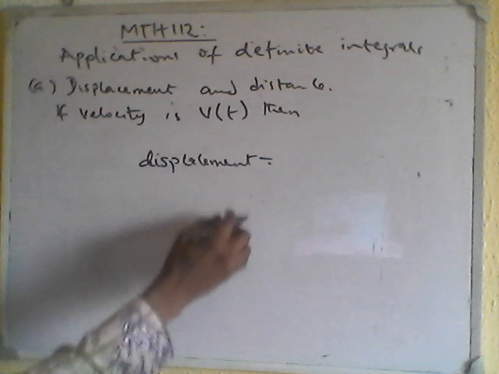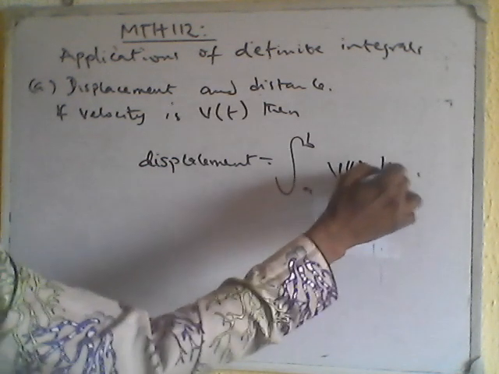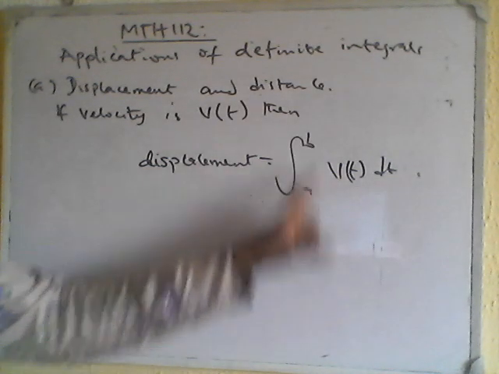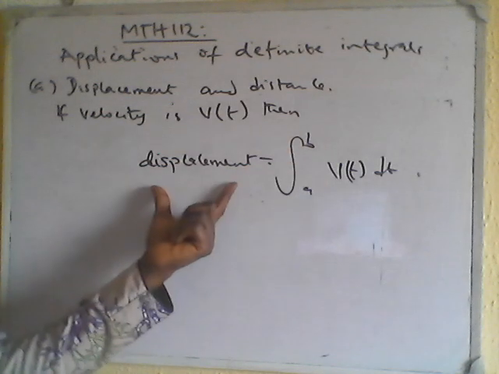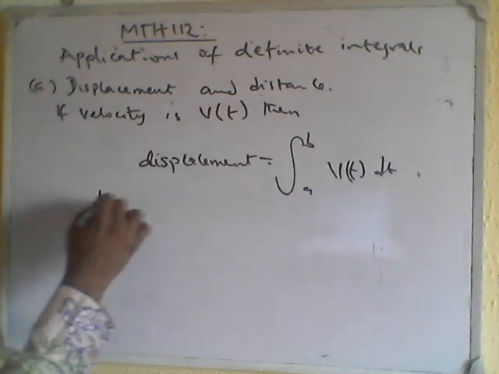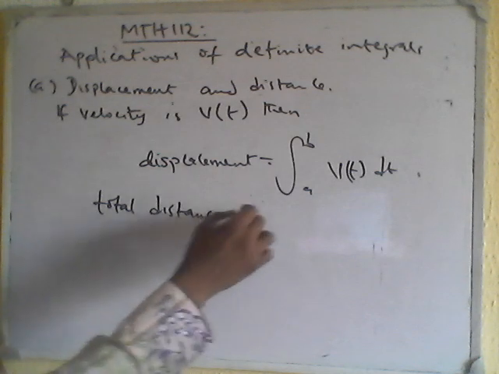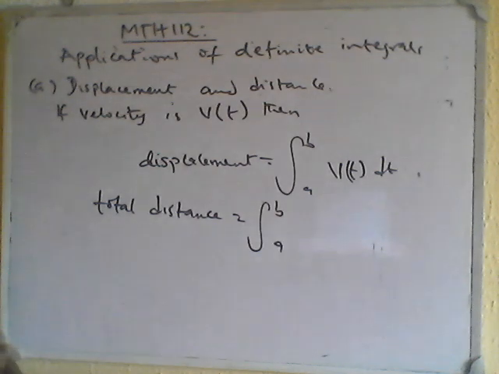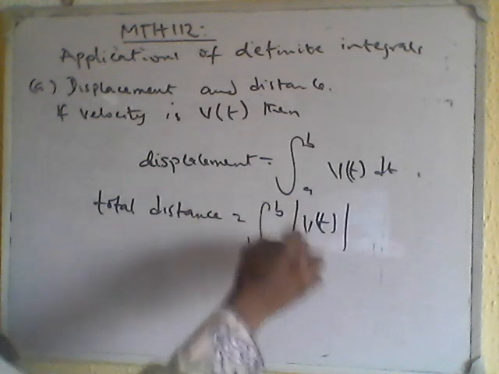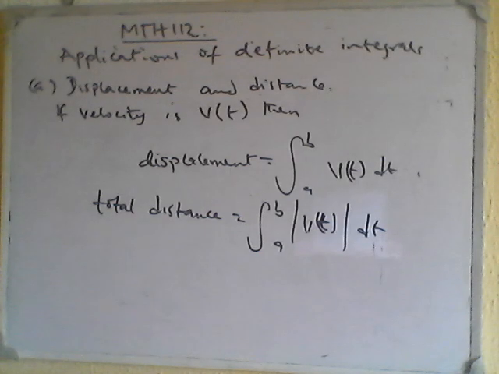Displacement is equal to the integral of v(t) with this limit, dt. So if we integrate this function under this limit, you get displacement. And total distance will be the integral of the absolute value of v(t) dt. So that's for displacement.